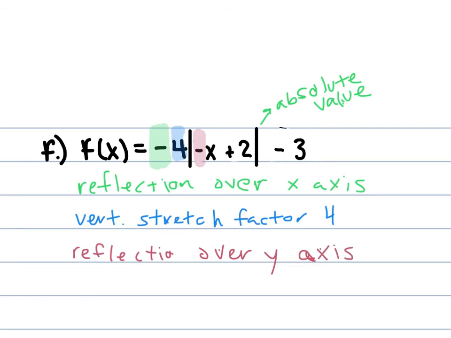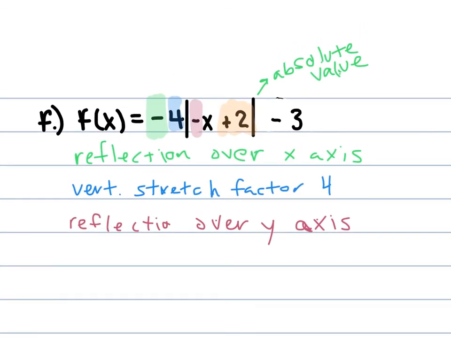And then we have a plus 2 on the inside. What happens when we add 2 on the inside? Shift left 2 units. Perfect. Left 2 units. And then lastly, we have a minus 3 on the outside.